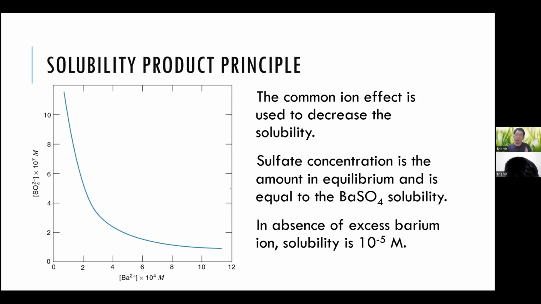So, this is the graph nung common ion effect. The common ion effect is used to decrease the solubility. Tingnan mo, anong nangyayari kapag ini-increase natin yung barium concentration? Let's say may barium sulfate ka, Josh. Ito yung solution mo, may soluble ka dito, tapos insoluble na barium sulfate.